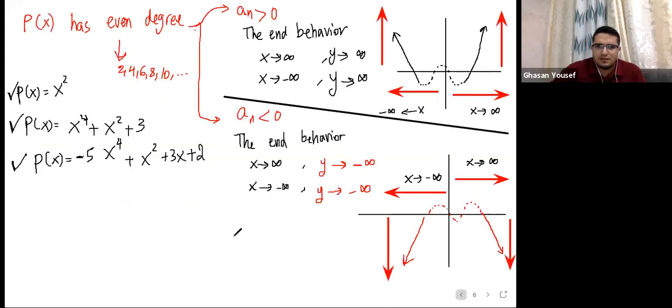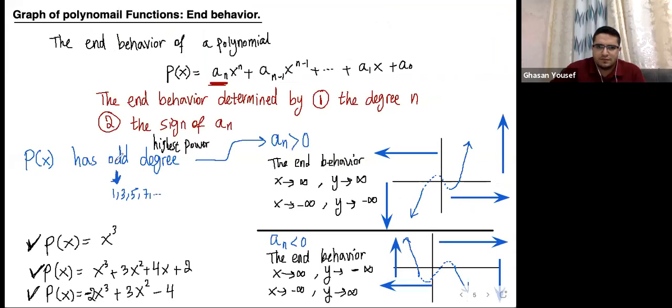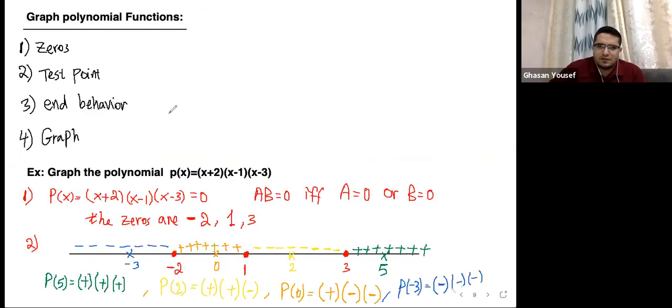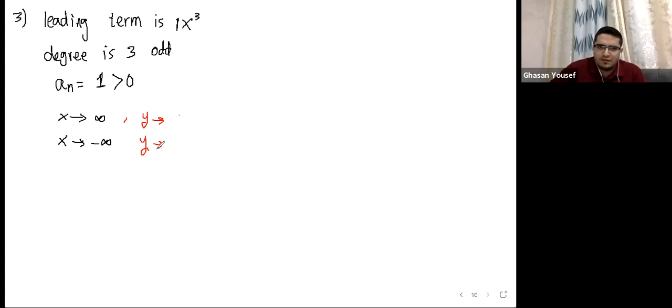Here it is odd and positive. y goes to infinity when x goes to positive infinity. y goes to minus infinity when x goes to minus infinity. So it is the same as this.